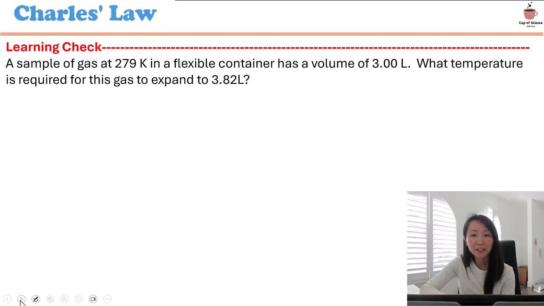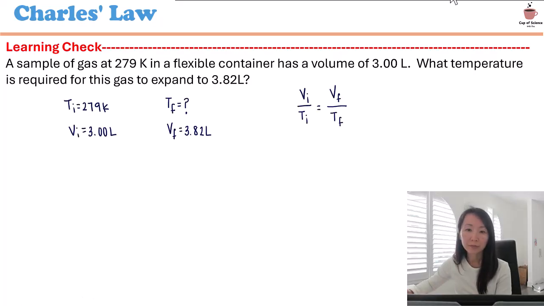In the next learning check, I'd like for you to go ahead and read and set up the equation, set up the initial and the final first before you plug them in. Then we'll come back and plug them in together. So hopefully you're here. Now we're going to let T final be by itself. Note that the T final is on the denominator. Here's a little trick.